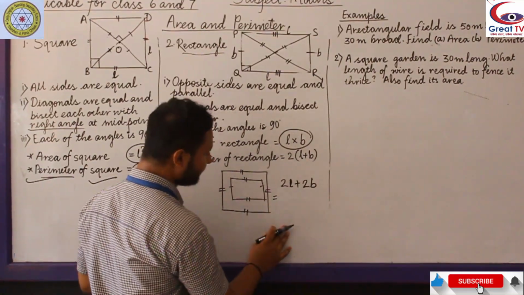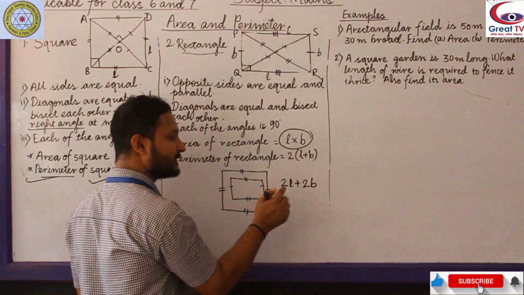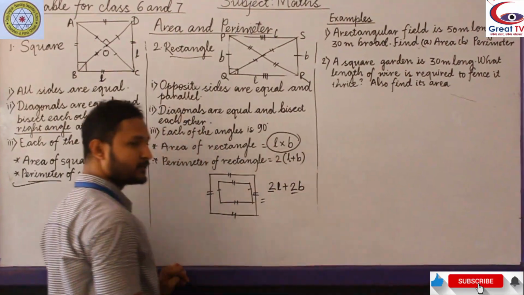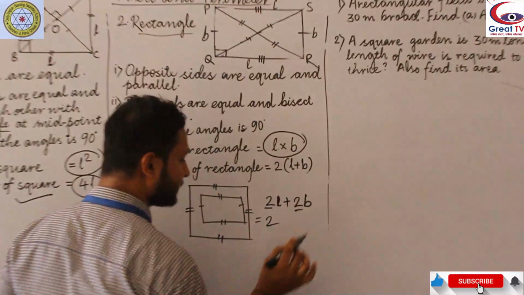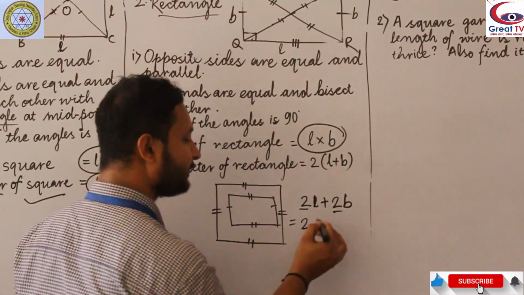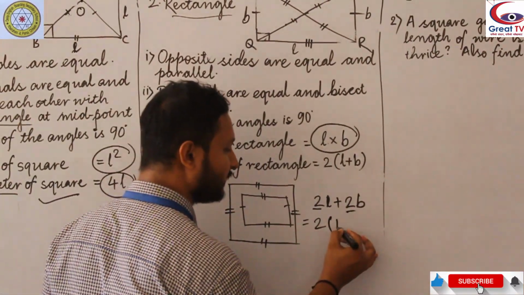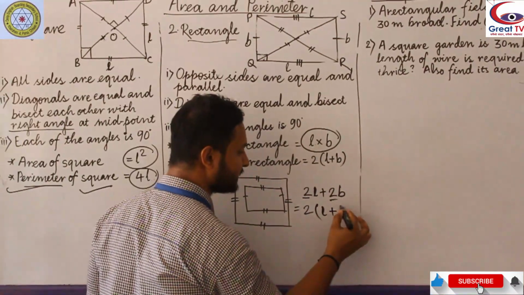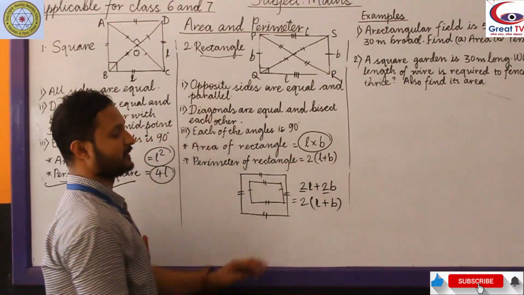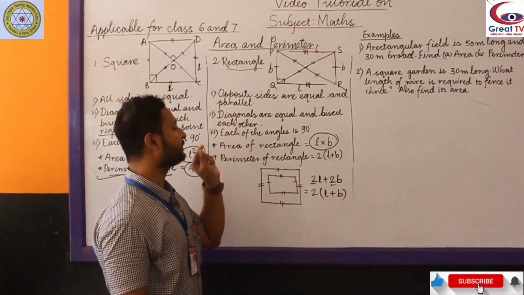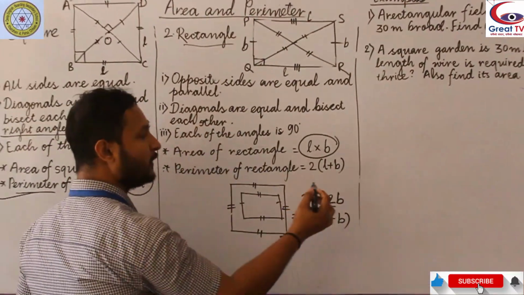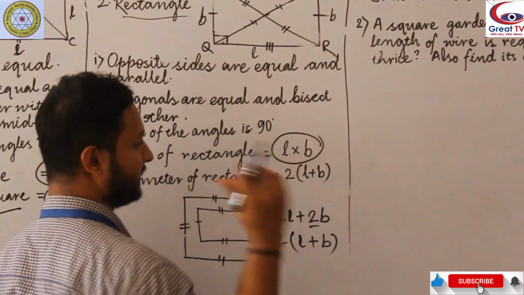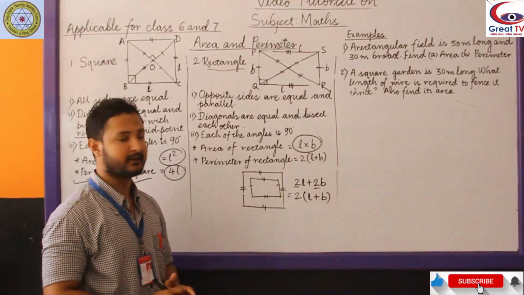And taking 2 common, look here, you can see here is also 2, here is also 2. So we can take this 2 as common, and we write the remaining thing here. We write L plus B. 2 is common. That's why the formula to calculate the perimeter of a rectangle is 2 times L plus B. Okay?